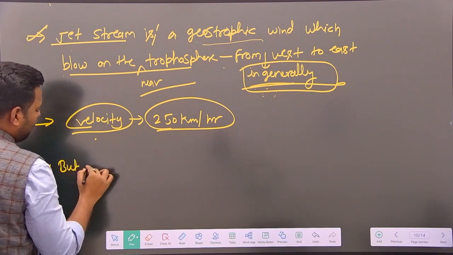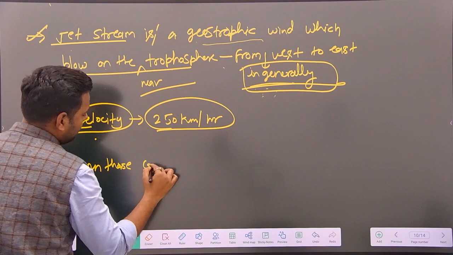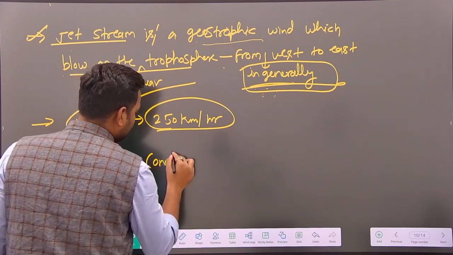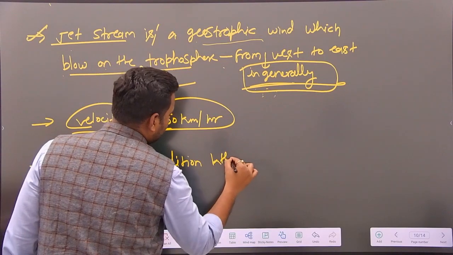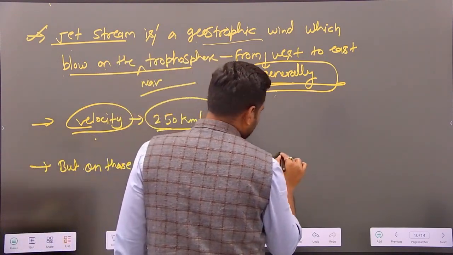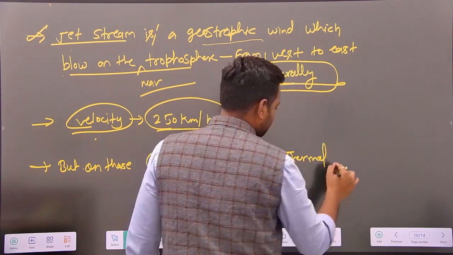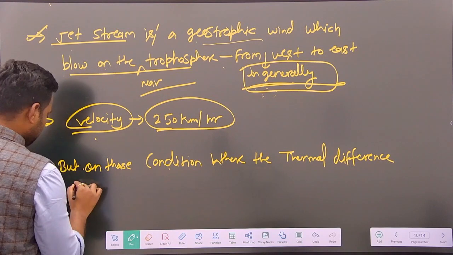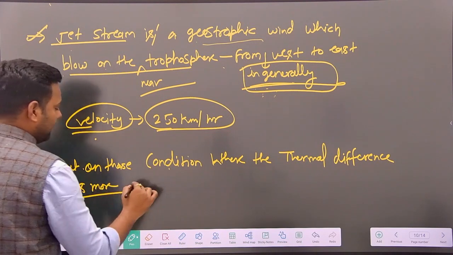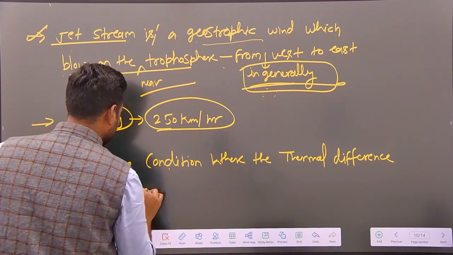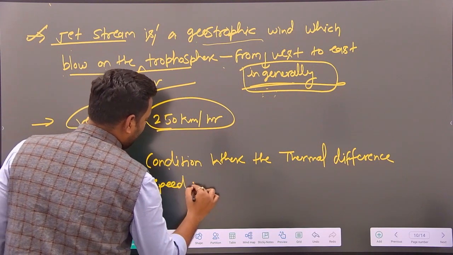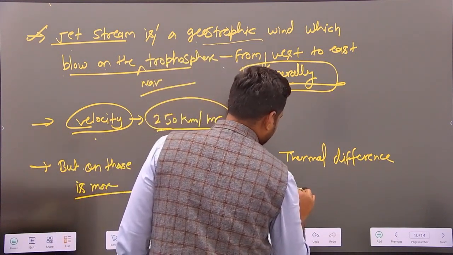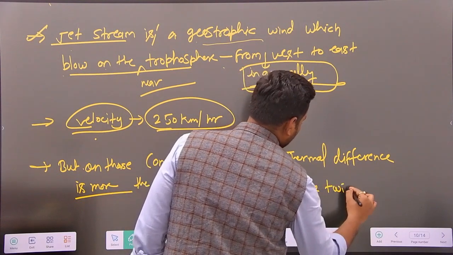But in those conditions where the thermal difference is more, the speed of the jet stream becomes twice.